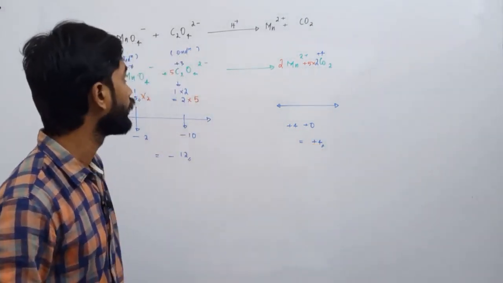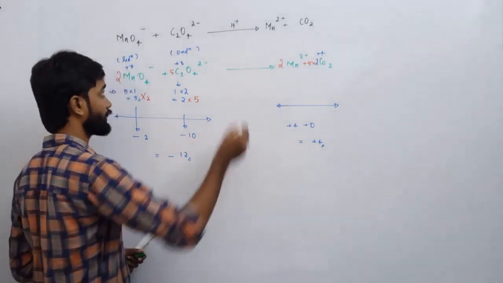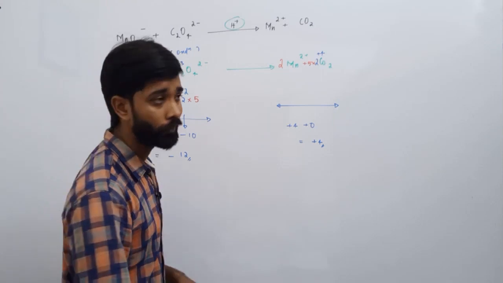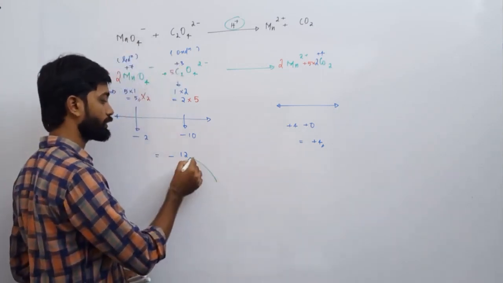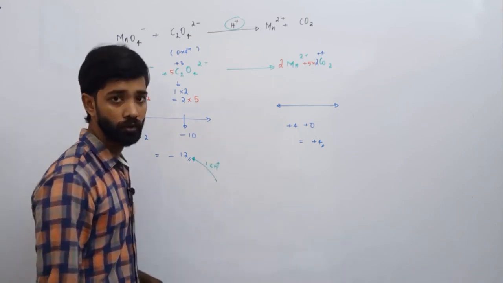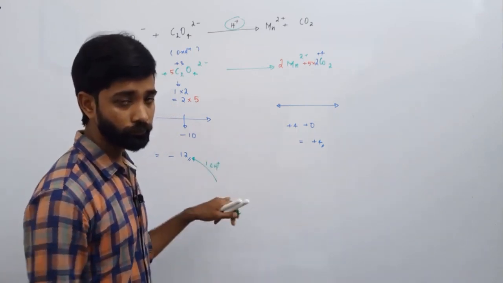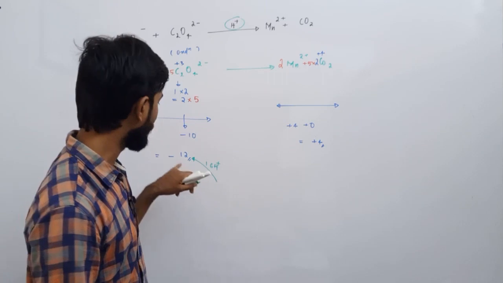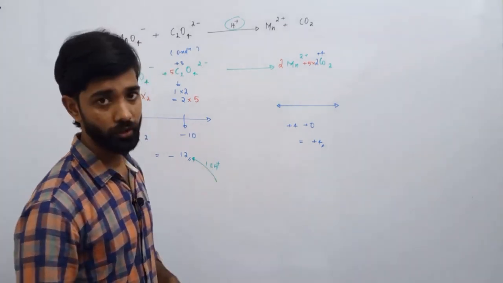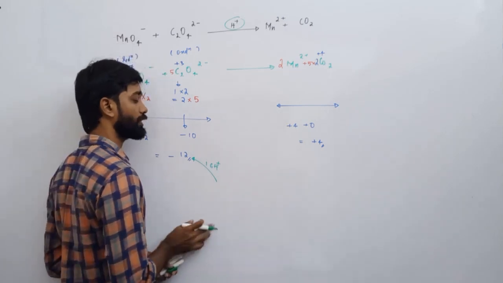Whatever it may be, to balance the excess charge, simply check the medium. Medium is acidic. Okay. So simply supply 16H plus to the left side. Then what happens? Here will be -12 plus 16. What will be the answer? +4.